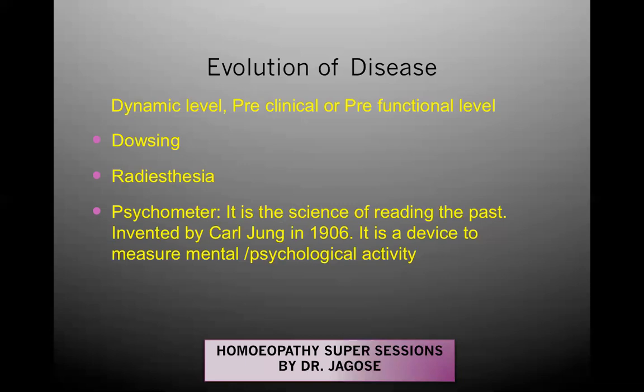The Kirlian photography will also help you to assess the usefulness or effectiveness of the homeopathic medicine. Suppose before giving the homeopathic medicine, you take the patient's Kirlian photograph and you find there's a deficiency pattern.